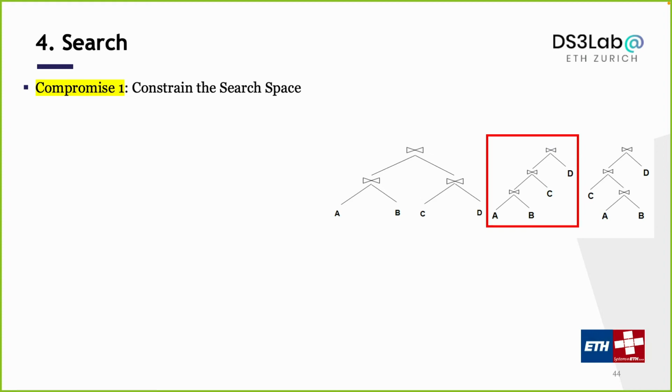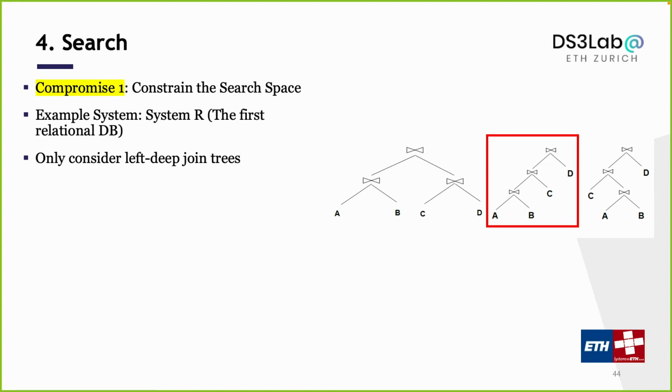If you look at what people were doing back in the 70s, when people were building, for example, System R, the first relational database system from IBM, what they did was to say, okay, I have some heuristics about the search plan that I like. You do not need to search for all the possible plans. Here's a subspace. So they only consider what they call left deep join trees.